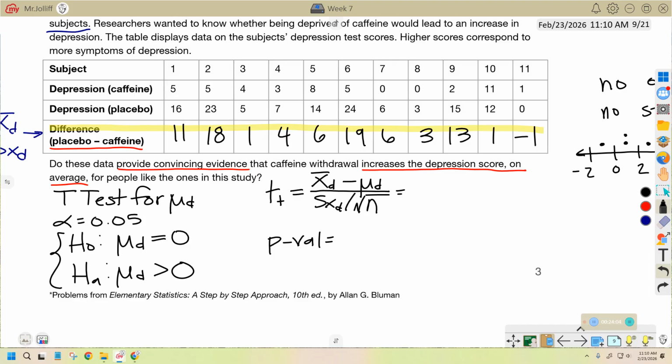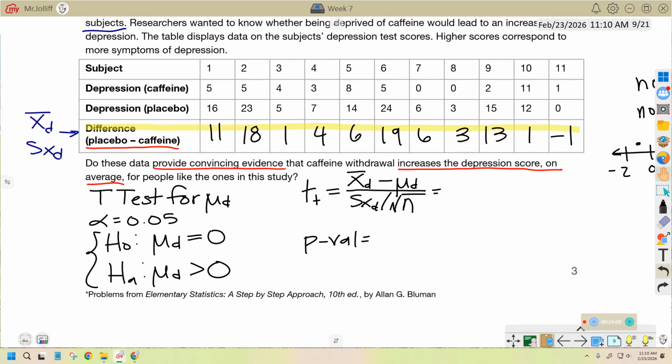I don't have x bar and Sx yet because I need to put my data in a list and run t-test in order to get it. So I'm going to give you about 90 seconds, 2 minutes, to get the data in a list and run t-test.